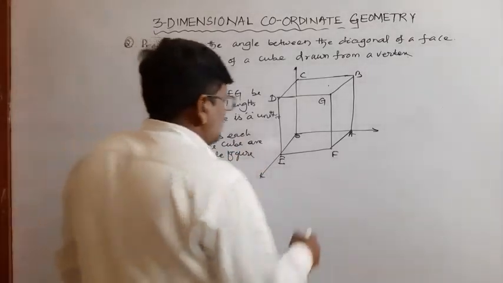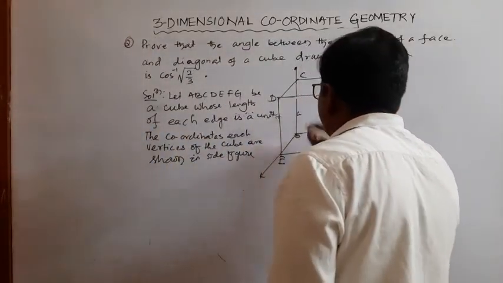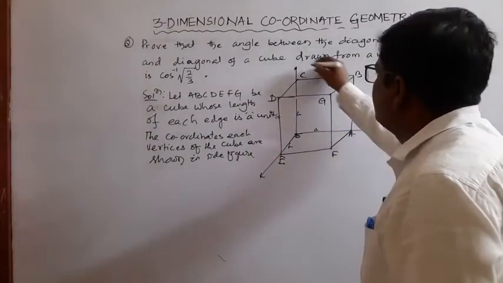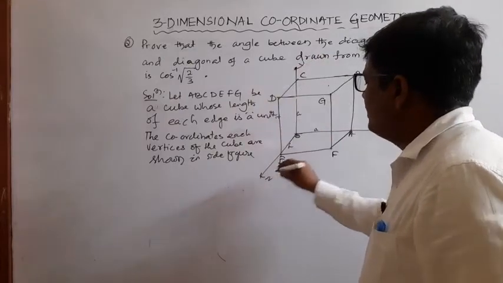This length is what? A. This length is equal to A, and this length is A. So this point is what? This is the x-axis, y-axis, and this is the z-axis.